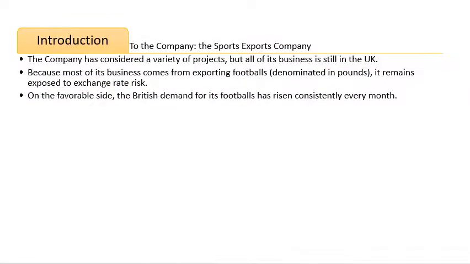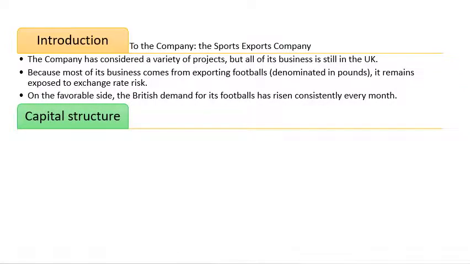It has considered a variety of projects, but all of its business is still in the United Kingdom. Because most of its business comes from exporting footballs denominated in pounds, it remains exposed to exchange rate risk. On the favorable side, the British demand for its footballs has risen consistently every month.